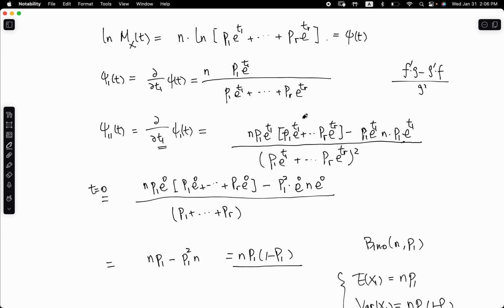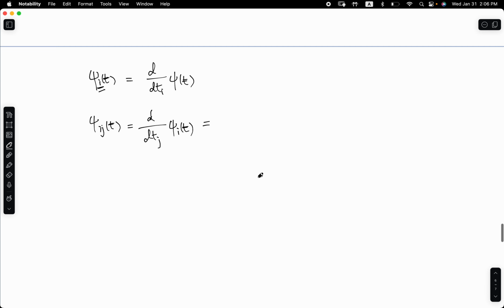So here, our first order derivative is with respect to ti. And when you're evaluating the covariance, you just need to make sure that the second order derivative is with respect to tj. And you should be able to have a final answer of a pi pj as your covariance of xi and xj.